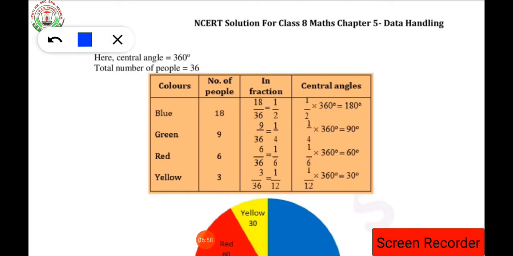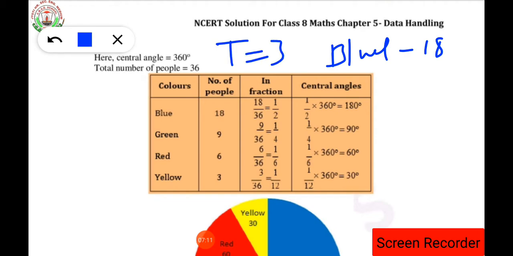So look how to calculate. For the blue color, first we are going to calculate. How many people like the blue color? 18 people. And what is the total number of people? The total number of people is 36. So in order to calculate the central angle, what are we going to do? We are going to calculate the number of people liking blue upon the total number of people into 360.